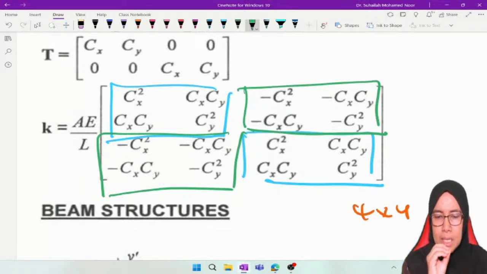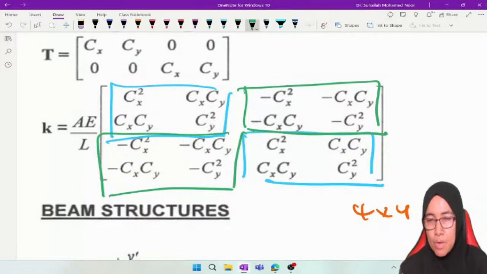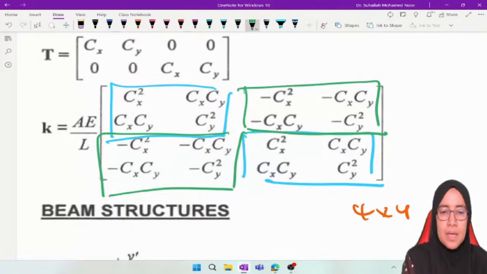Between the blue and the green, the difference is only due to the sign, positive and negative. That is a simple, straightforward formula, and you don't have to remember it. AE over L times a 4 by 4 matrix.